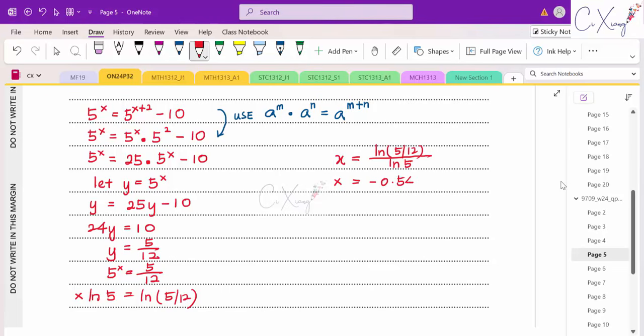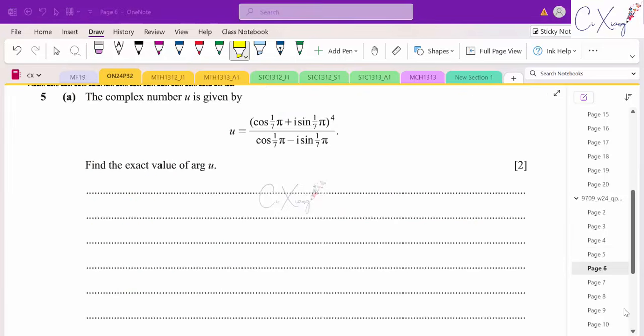So by right, you should be getting a long answer here. And after that, don't forget to correct it to 3 significant figures, which is 0.544. Alright, so this is how we get the answer for question number 4.